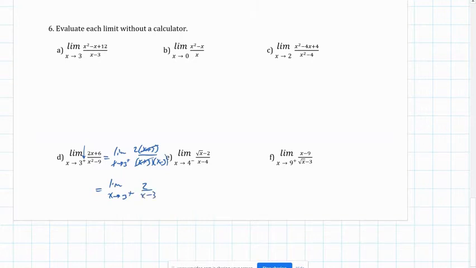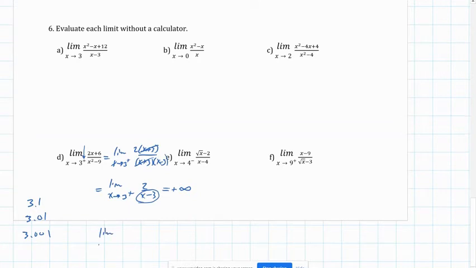And here's where the plus is going to make a difference, because when we're approaching 3 from the right, we're talking about numbers that are a little bit bigger than 3, like 3.1 or 3.01 or 3.001. And that makes a difference, because we know the denominator is getting really small. So this is going to either approach infinity or negative infinity. But since our x values are all bigger than 3, this expression is going to be positive. So that makes it approach positive infinity.